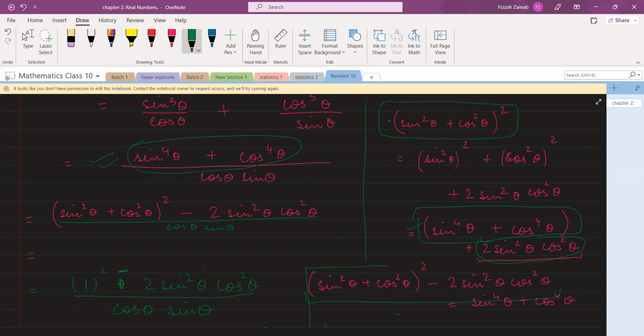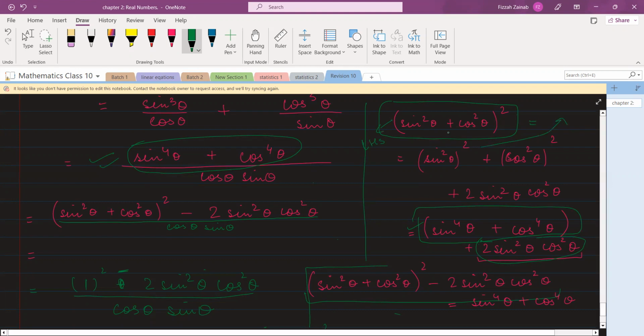See, this is your LHS basically. This is LHS and then equal to this whole thing. There's no space, that is why I've written it like this. Understood? This is your LHS. So on the RHS, you are getting this thing. From the RHS, I am bringing this plus 2 sine square theta cos square theta to the LHS.